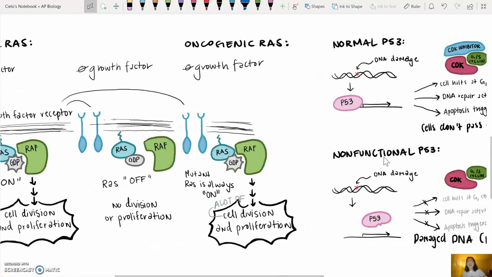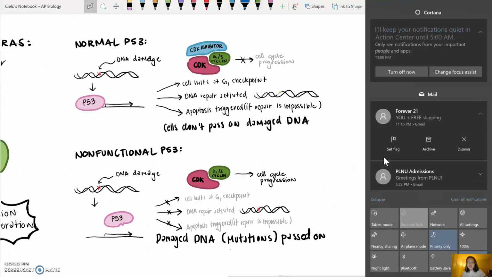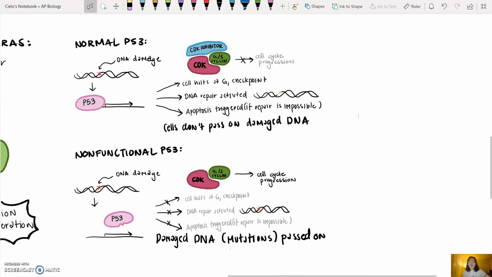Yet another example is the p53 protein. It is a tumor suppressor, also known as the guardian of the genome. If DNA is damaged, it will stop the cycle at the G1 checkpoint by triggering the CDK inhibitor to block the CDK and cyclin complex.